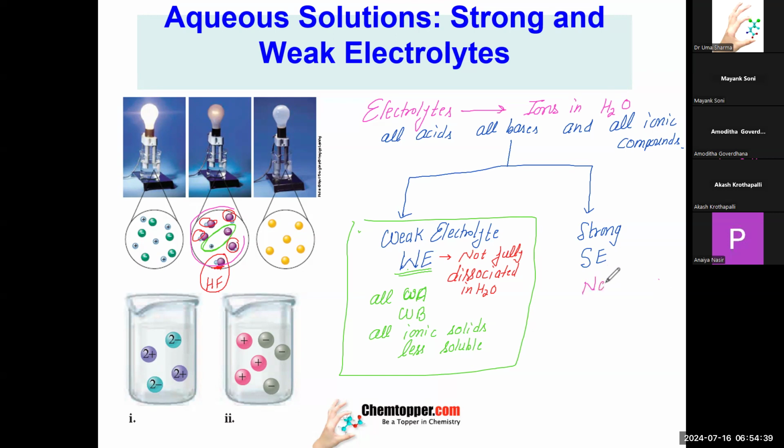It is going to dissociate completely in water, Na plus 100% dissociated, giving you a large amount of ions as Na plus aqueous and Cl minus aqueous. It is soluble.